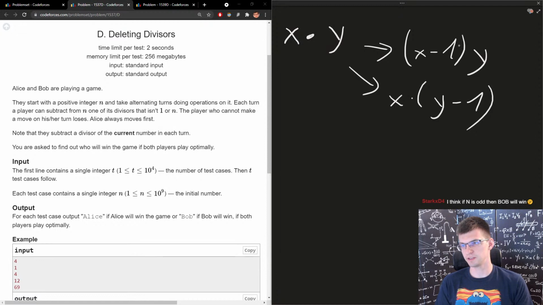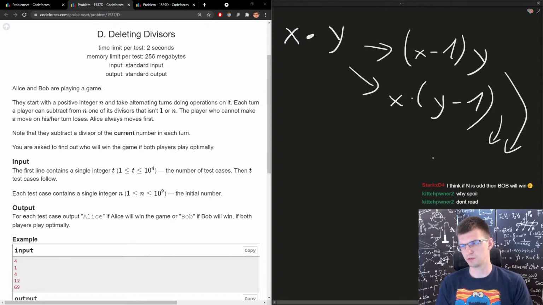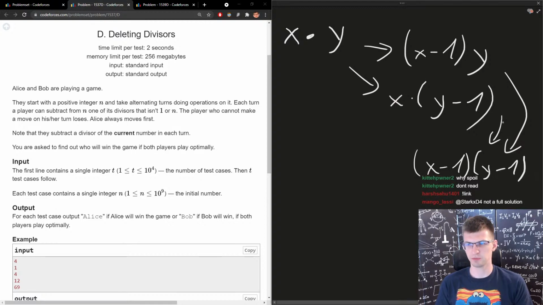From both of these, assuming that x and y were at least 3, I can move to x minus 1, y minus 1. But I don't think that's in any way important.